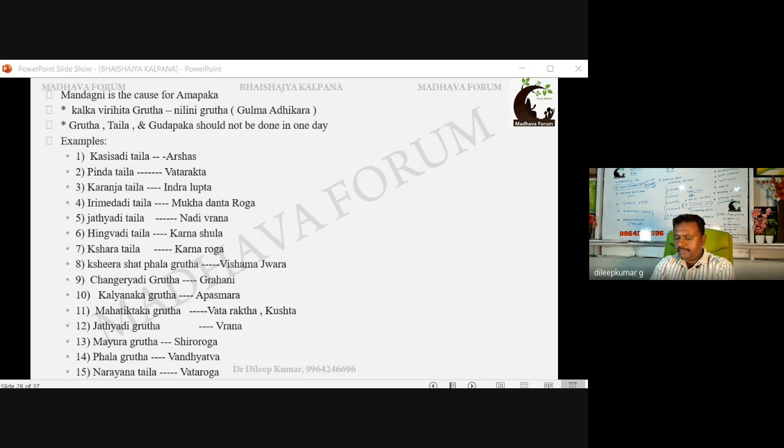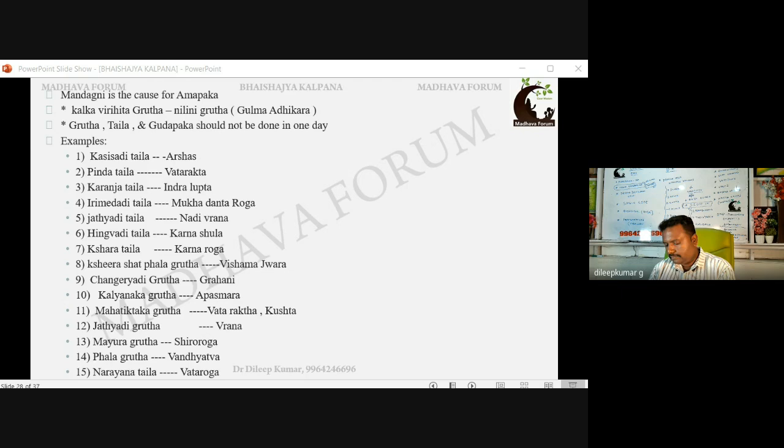Indications: Deepana, Pachana, Vatanulomana, Shulaghna. Here the Shula refers to the colicky pain in the abdomen.